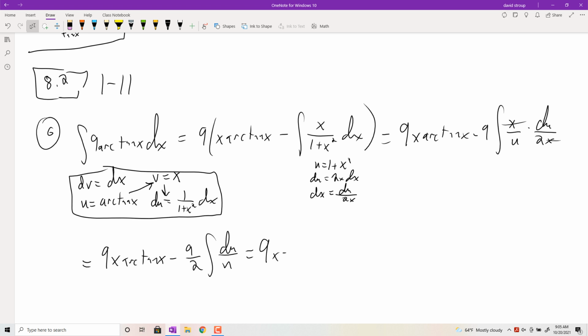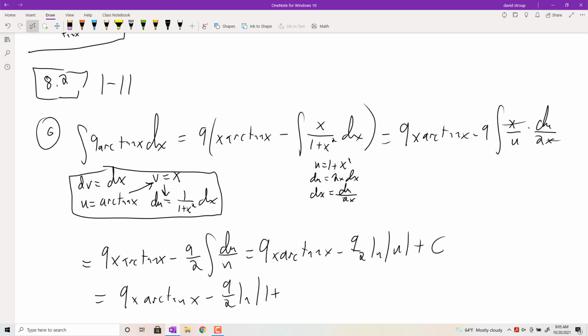That'll be 9x arc tan x minus 9 halves ln absolute value of u. Let's see, and then finally back sub. So you get 9x arc tan x minus 9 halves ln absolute value of 1 plus x squared. You don't need the absolute value this time, but it doesn't hurt to put it in there.